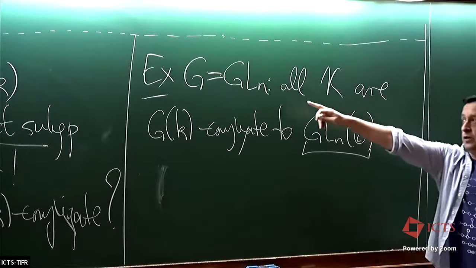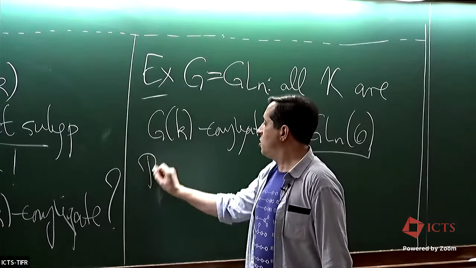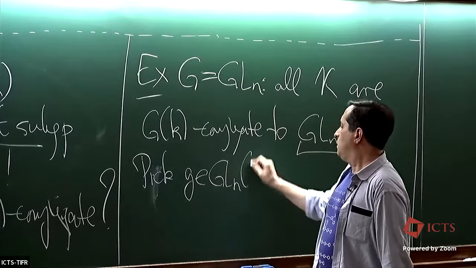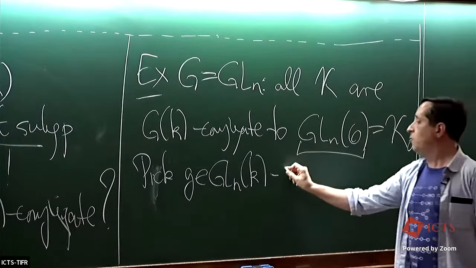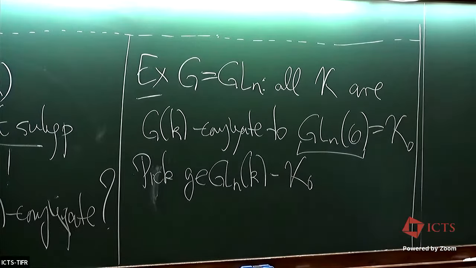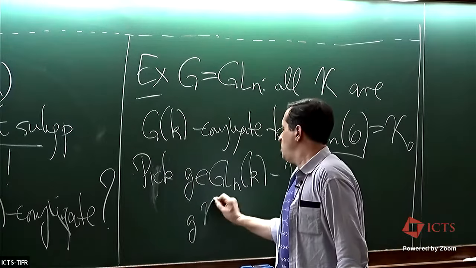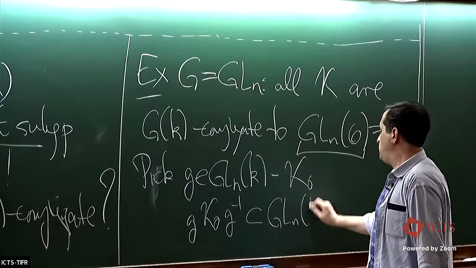So if you pick something in GLn of the field that does not lie in this subgroup, and you conjugate it, you will get another maximal compact subgroup. And I want to point out the following. If we pick g in GLn(k) that lies outside of K0, then I can think about gK0g^{-1} inside of GLn.